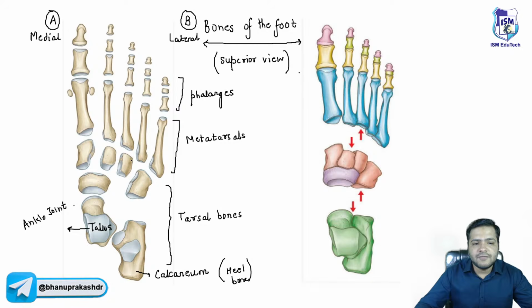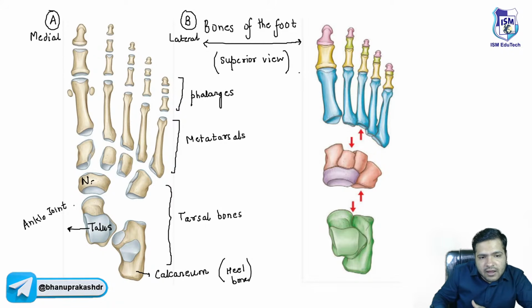So remember beta, we have talus, calcaneum. This bone, beta, is navicular. Talus, calcaneum, navicular. Now this is cuboid.